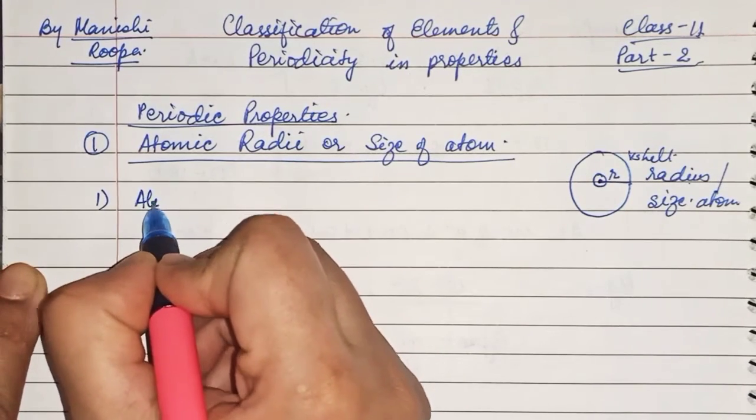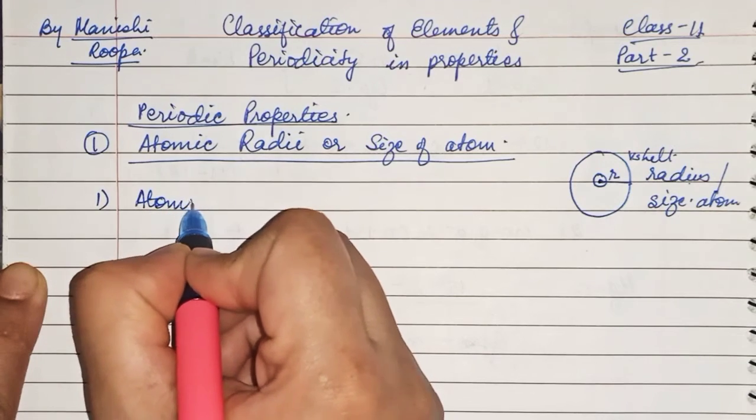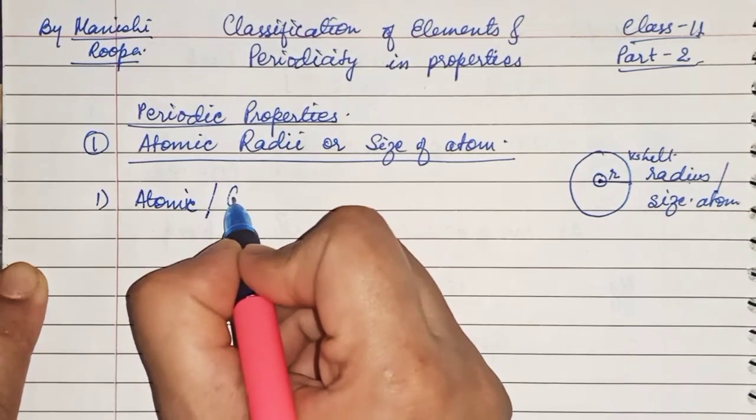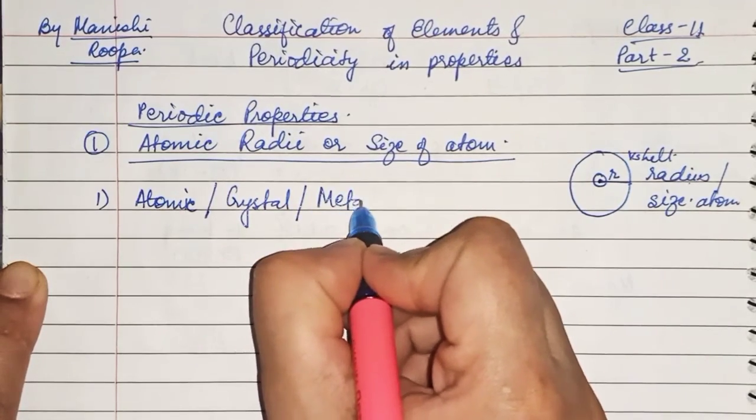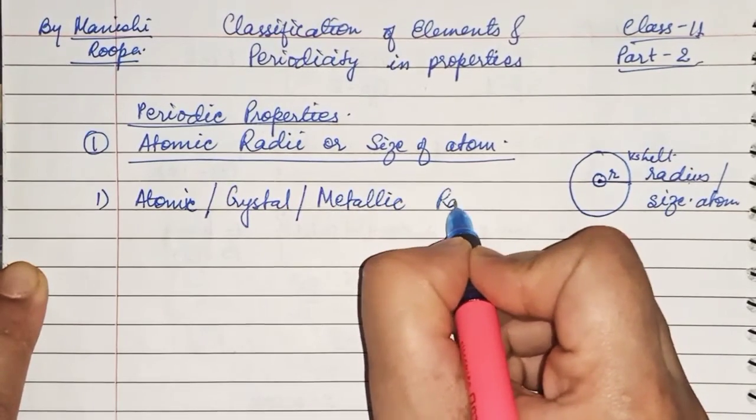First is atomic, or crystal, or metallic radius.